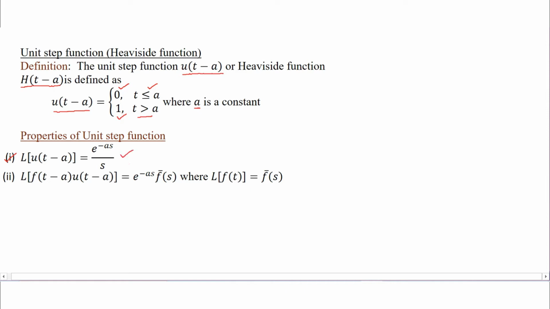Now the second property: the Laplace transform of f of t minus a into u of t minus a is equal to e power of minus as into f bar of s, where f bar of s is nothing but the Laplace transform L of f of t. So those are the two properties of the unit step function.